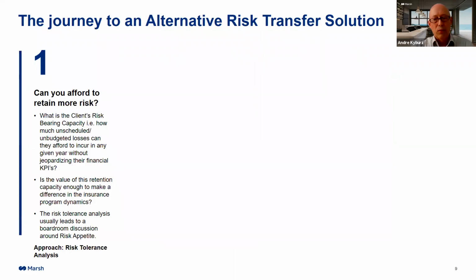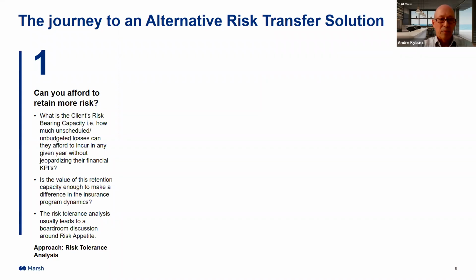So what do we do? After that initial discussion where we identify the challenges and the issues, we take the clients or prospects we're talking to on a journey to an alternative risk transfer solution. The first step is the client's risk-bearing capacity, also known as risk tolerance.